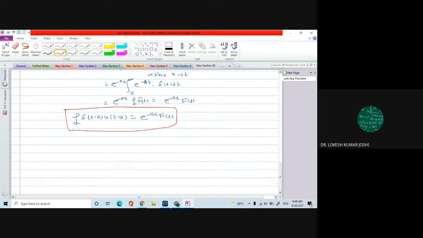Next formula. If we have to find the Laplace of f(t) u(t minus a), let us check. At first, define f(t) u(t minus a). Its value is 0 if t is less than a, and its value will be f(t) if t is greater than a.